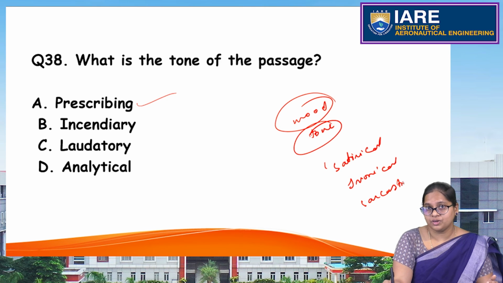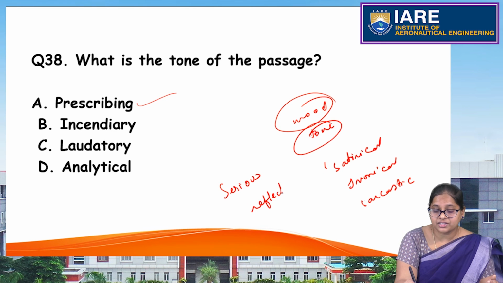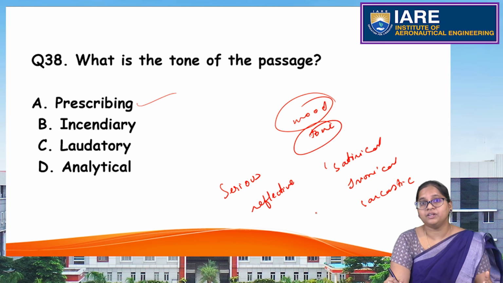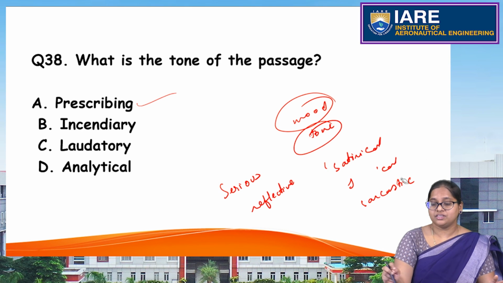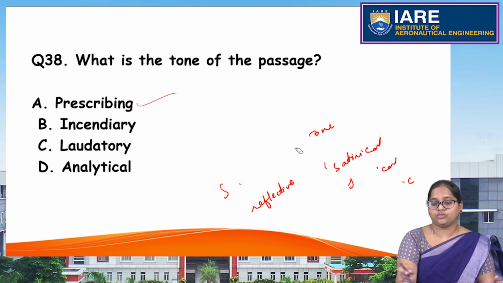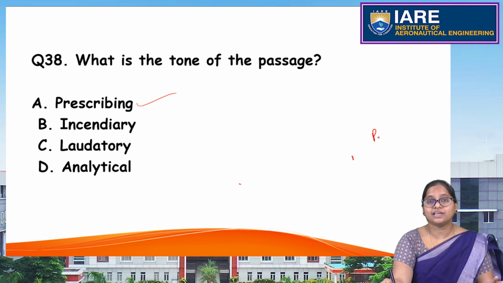Sarcasm will be there, and the tone can be serious. The tone can be reflective. That means you can find many reflections. It will reflect something. The tone can be very serious at the same time. So now, what kind of tone? Whether it is prescribing. Prescribing means it will talk about some procedure. It will prescribe some procedure or some process.